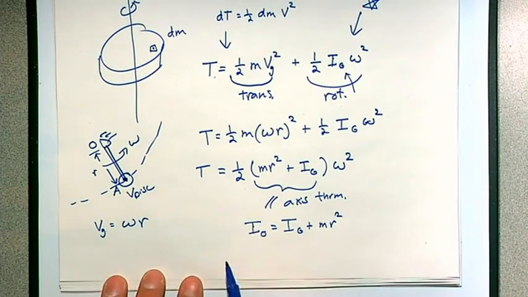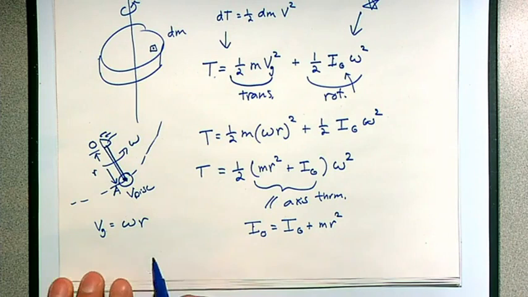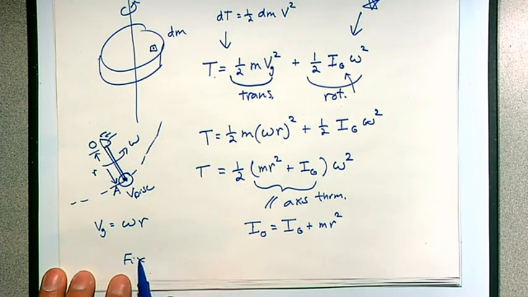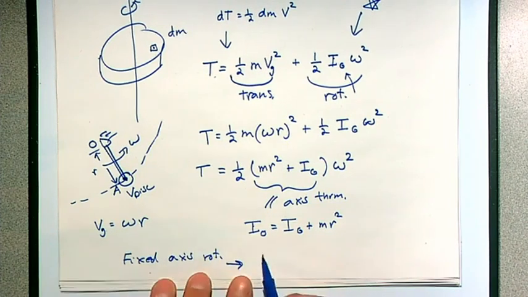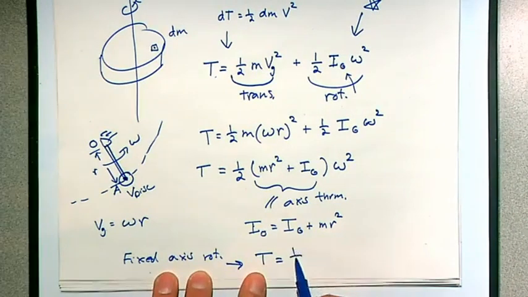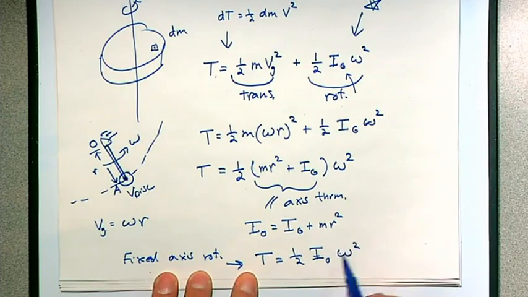So if we have a case where we have a fixed axis rotation, then our kinetic energy is simply half I sub O omega squared.